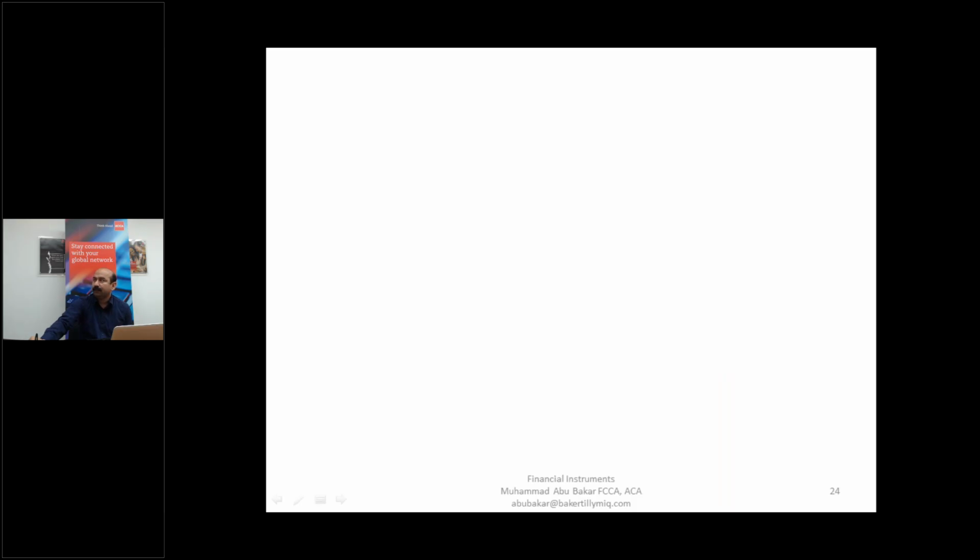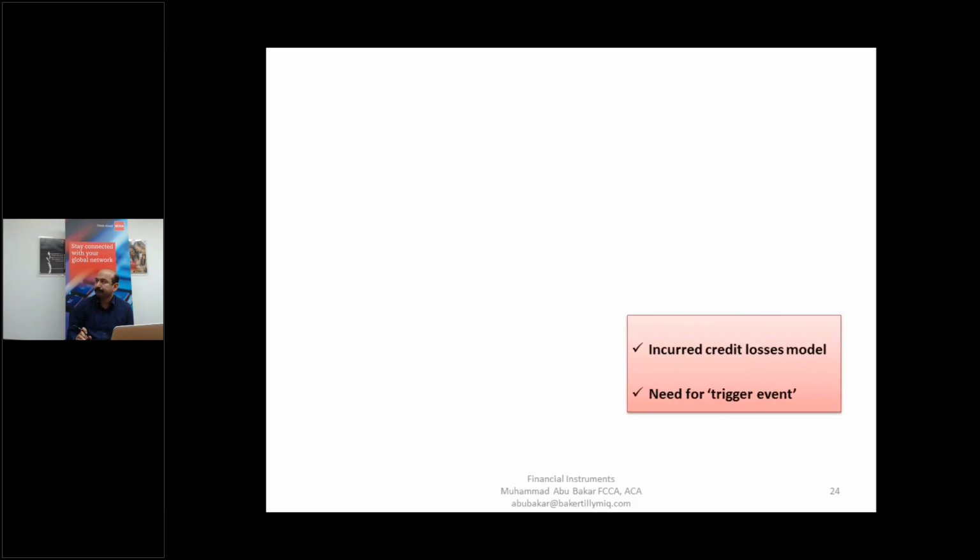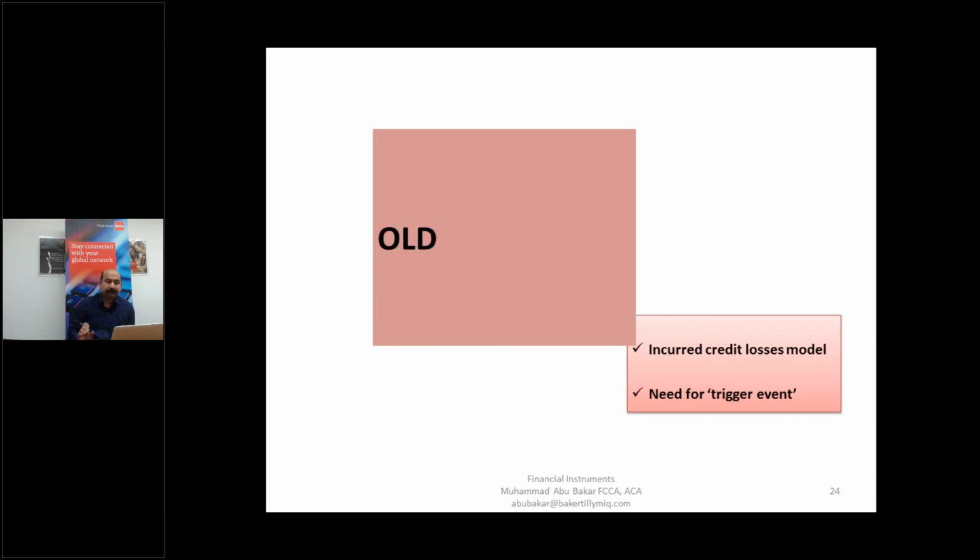It assumed that all loans would be repaid until there was evidence to the contrary, that is, until the occurrence of an event that triggers an impairment indicator. Only at this point was the impaired loan written down to a lower value.